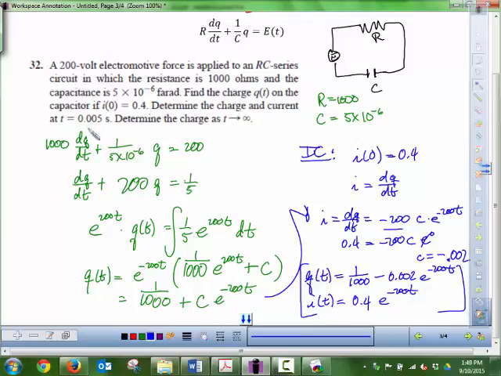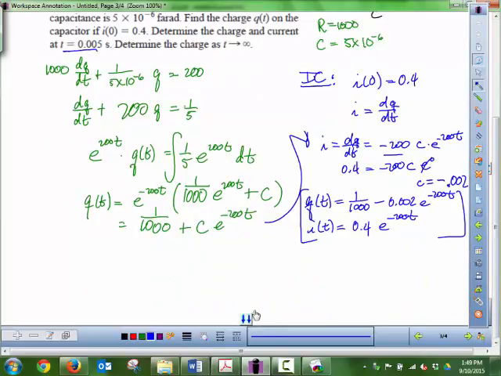If they want to figure out what the current and the charge are when t is equal to 0.005, then just put 0.005 in for t and get the value. More interested in what happens, determine the charge as t goes off to infinity. As t goes off to infinity, e to the negative 200t goes to 0, right?